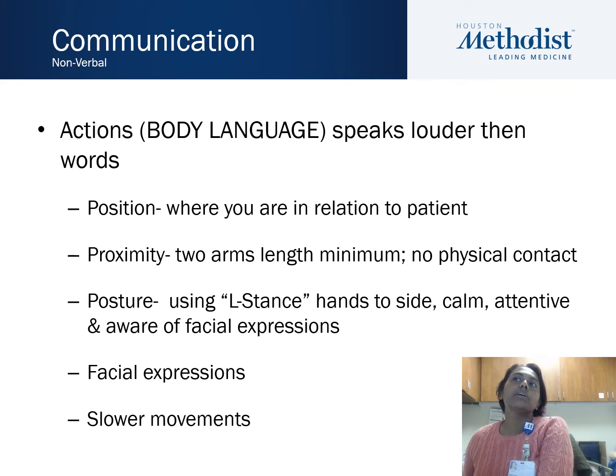Posture. This is kind of one of those bits of gold in this message, this L-shaped stance, which I can illustrate for you on the next slide. Facial expressions, slower movements, these are factors for you to consider in your nonverbals.